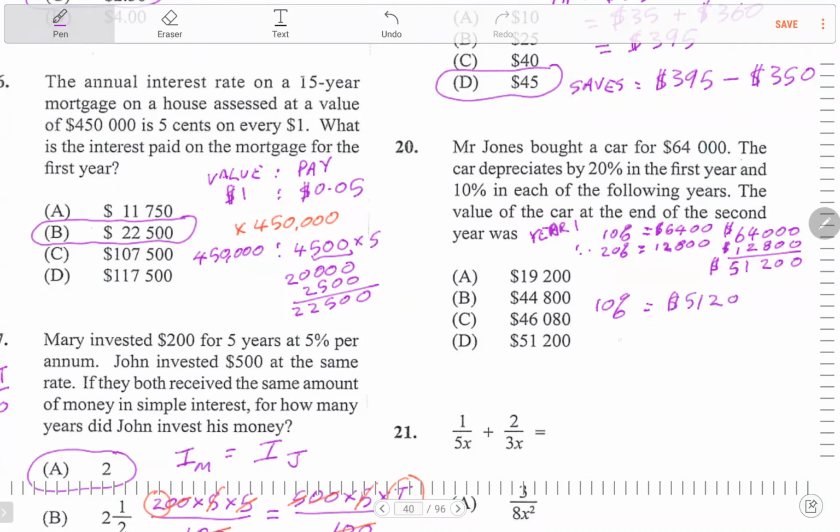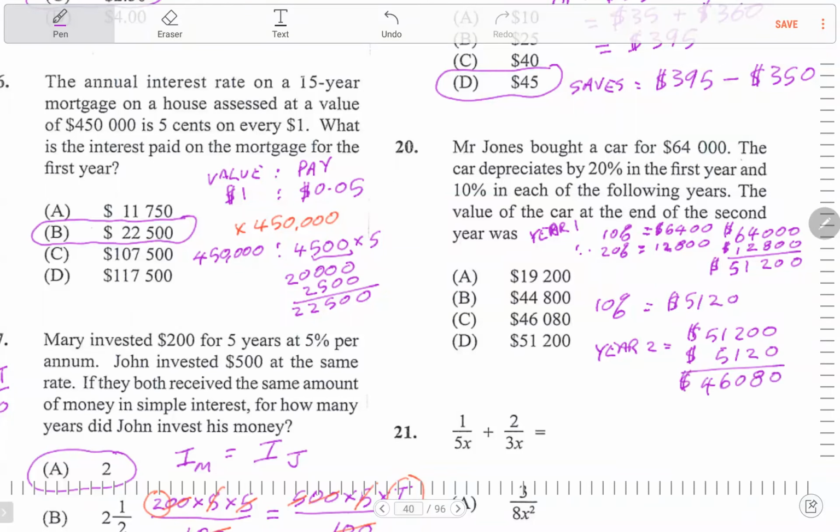So the new value, the year two value, is going to be 51,200 minus 5,120. All right, and so that answer will be 46,080.